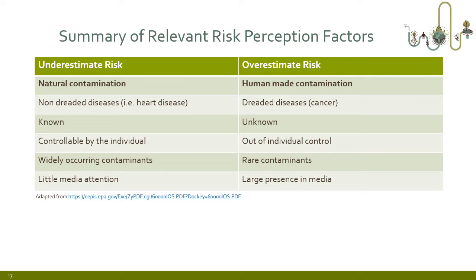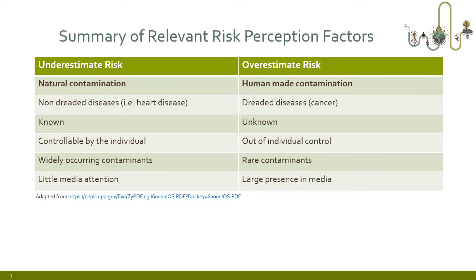Often chemicals that cause rare or dreaded diseases, such as cancer, are automatically perceived to be more risky than chemicals causing common chronic conditions such as heart disease. The implication of the conditions perceived as less risky may still be quite severe.